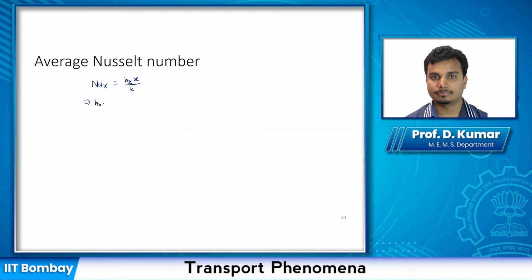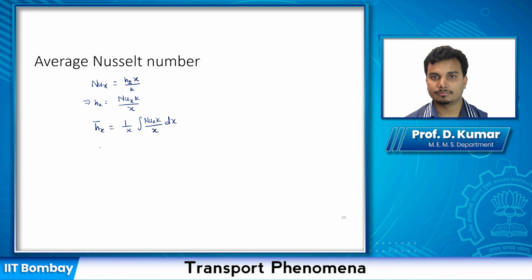So h_x is then equal to Nu_x times k divided by x. So the average h will be 1 by x integral of this Nu_x k by x dx. So you have to do this integration to find what will be your average convection heat transfer coefficient.